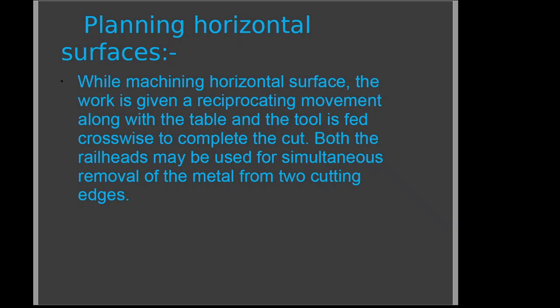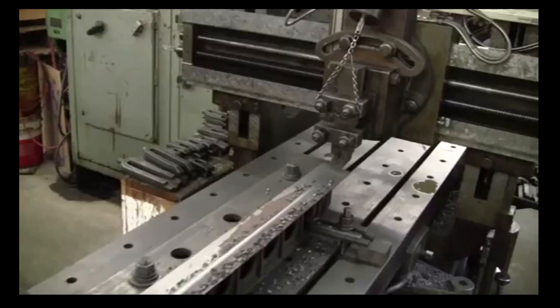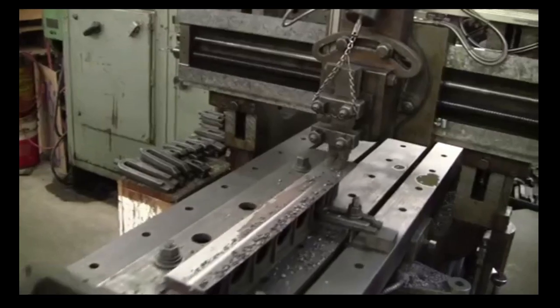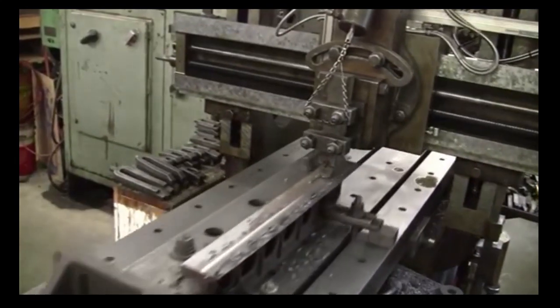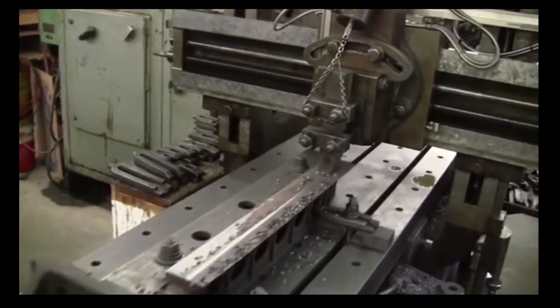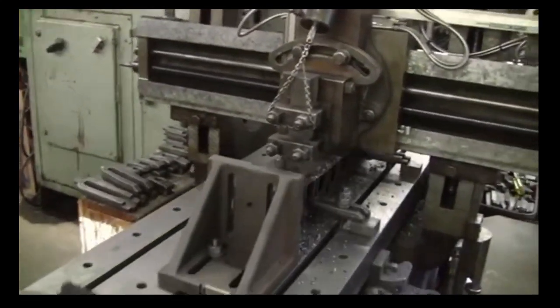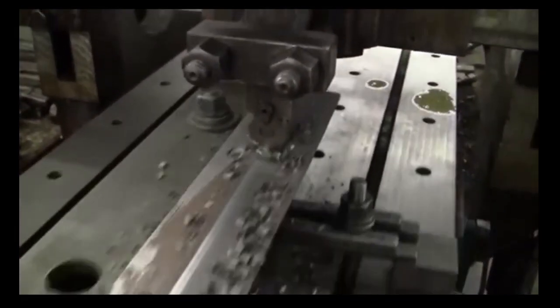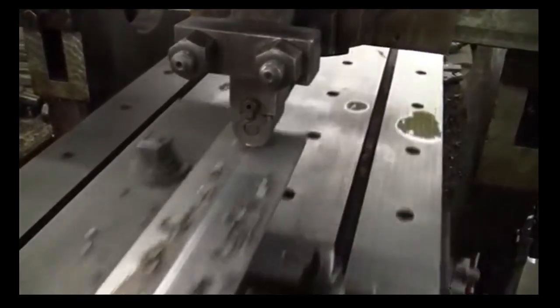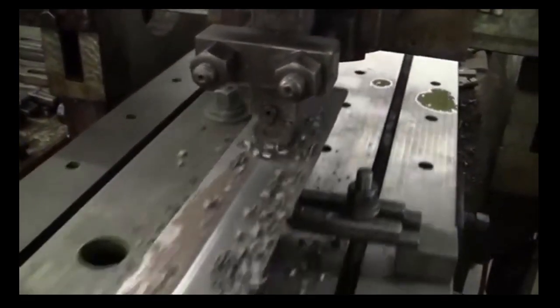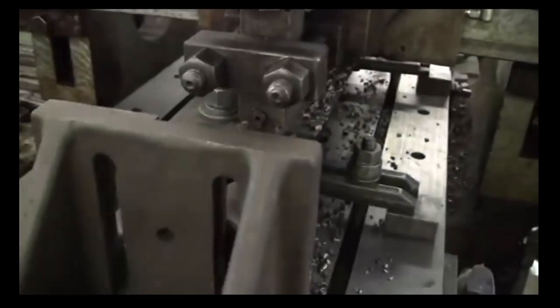Let us see how horizontal surfaces are planed using a planer machine. Here you can see that the work table along with the workpiece is moving, but the tool is stationary. The tool is stationary during the cutting stroke.